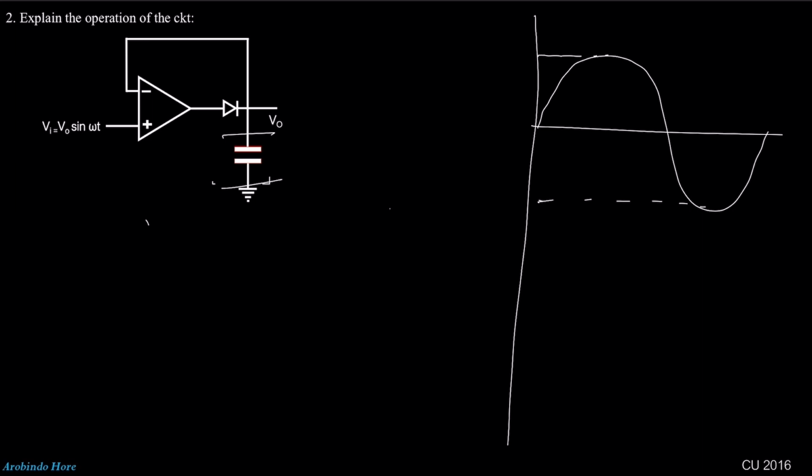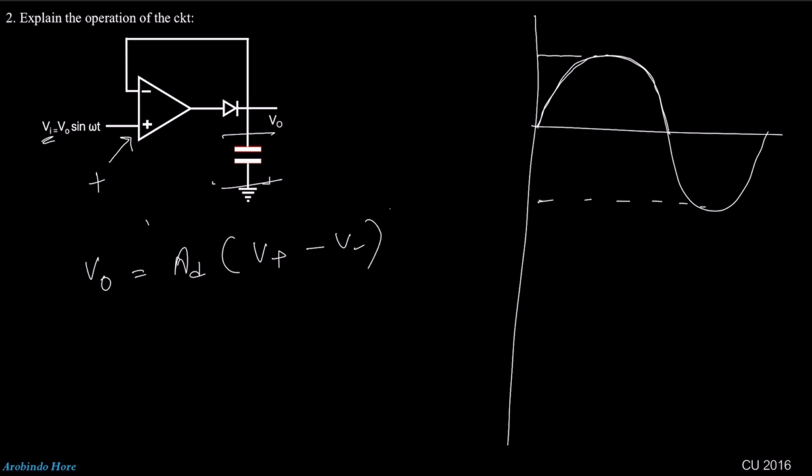When the input voltage Vi is in the positive half cycle, at that time the input voltage at V plus is positive. And we all know the formula V0 is equal to A into V plus minus V minus.